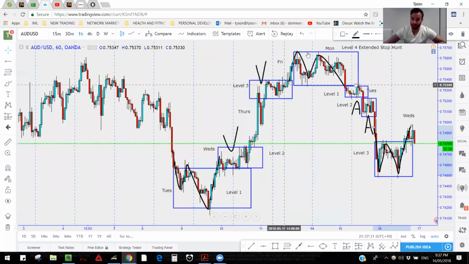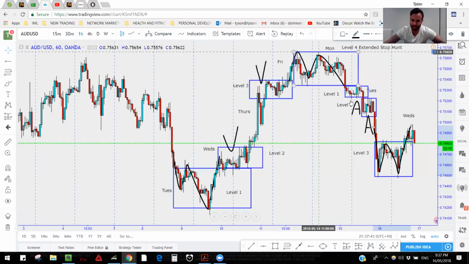So extended stop hunt. They did a multi-day. Now this is very, very important. Multi-day W and Vs. So if you get a multi-day M formation and a multi-day V formation, this is a very, very powerful confirmation that the market can retrend, that the market can correct.